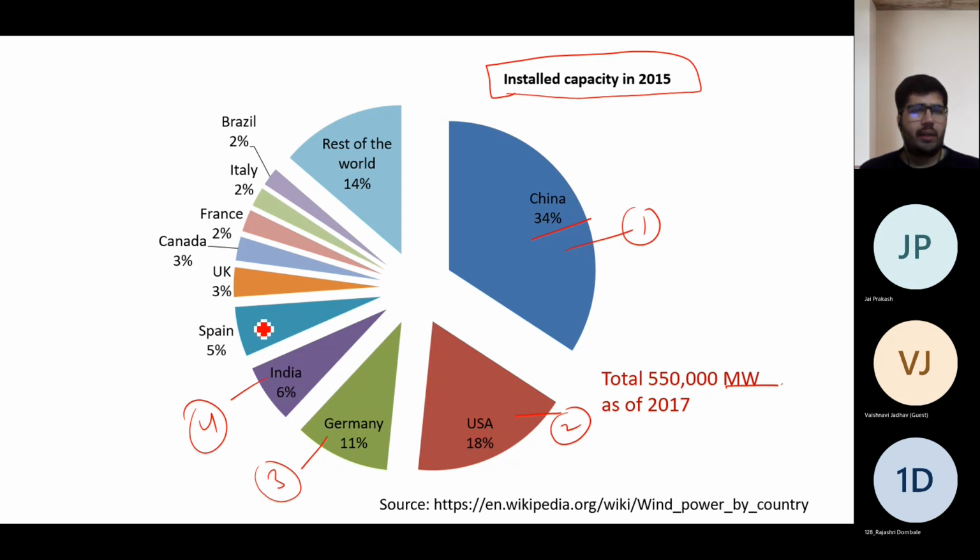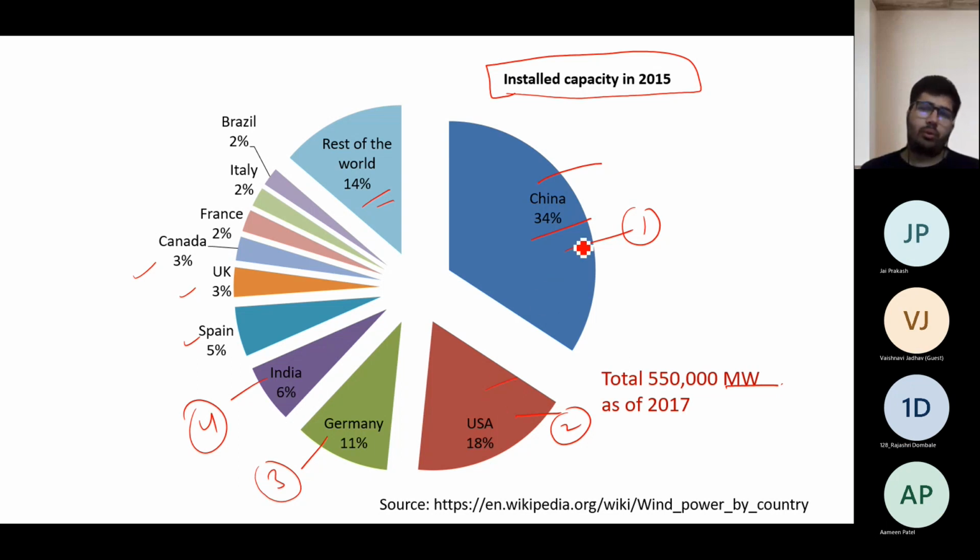Other countries: Spain is 5%, UK 3%, Canada 3%, France 2%, Italy 2%, Brazil 2%, and the rest of the world is 14%. The maximum installed capacity is in China, 34%, around twice the USA, because China has sophisticated technology and spends huge capital on installing wind farms.